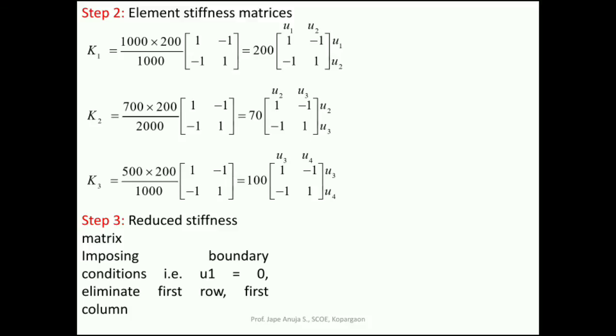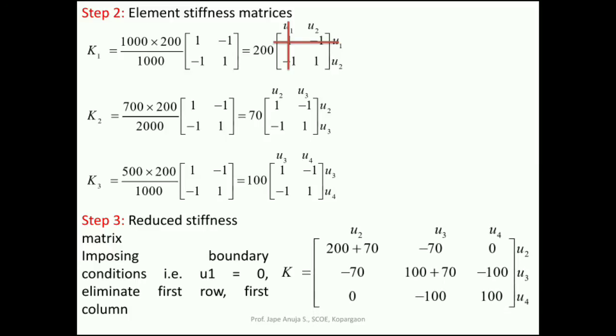In K1, K2, K3, see the row and column related to the displacement U1 and eliminate that row and column. So here U1, this one is eliminated. Okay, so for your reduced stiffness matrix, write K equal to this.